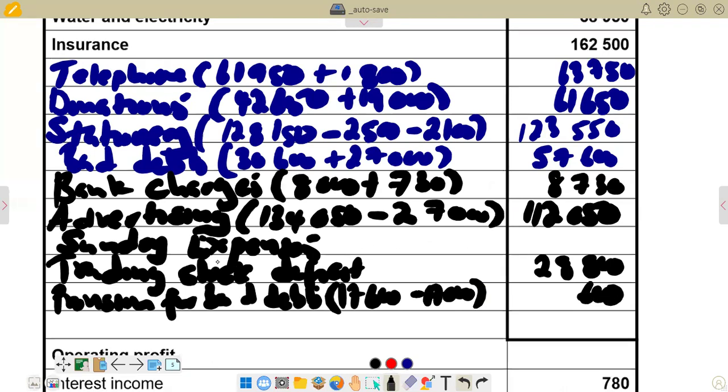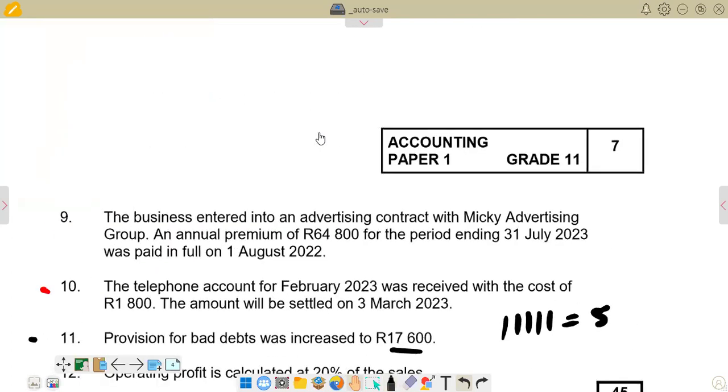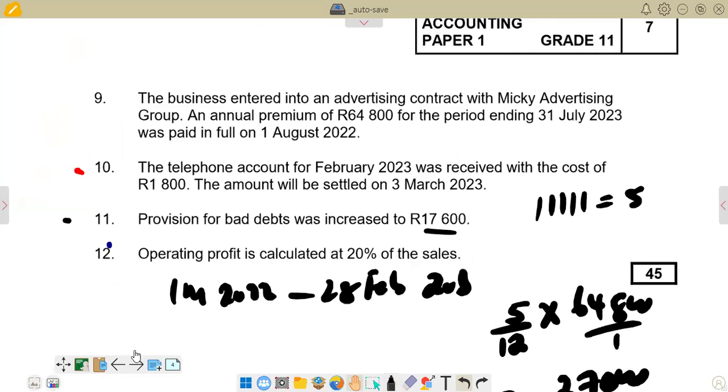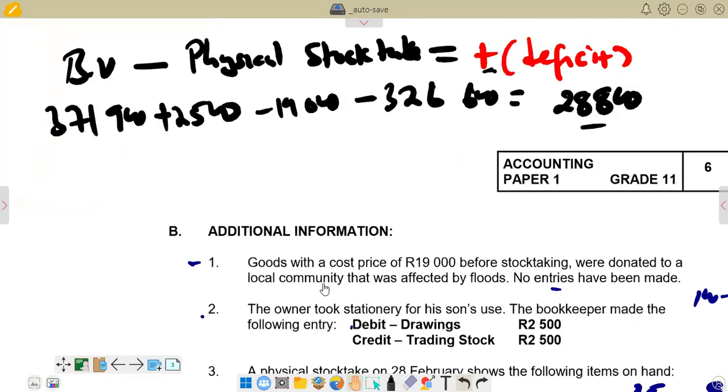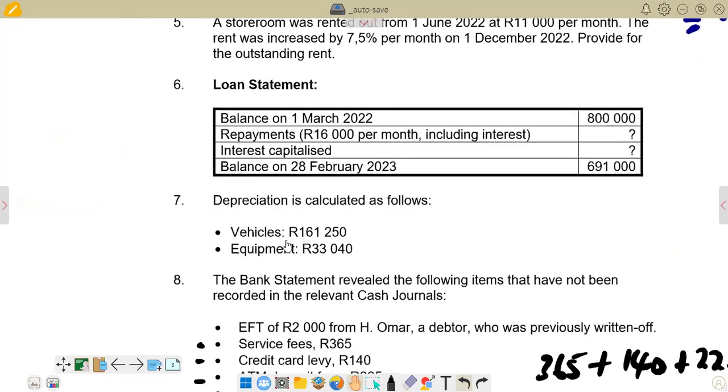And obviously now, we are supposed to have depreciation, which is common in almost all questions. So we try to see the figure for depreciation that we are given. Here we don't have anything to do with depreciation. But if you go down and check here, we've got depreciation given as calculated figures: vehicles depreciation of 161,250, equipment 33,040. We add the two to get the total for depreciation.